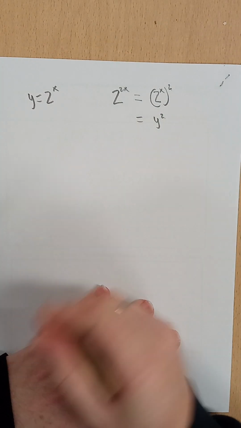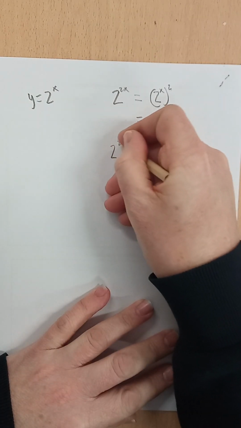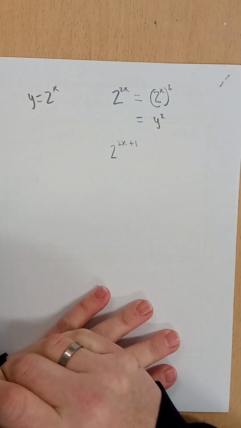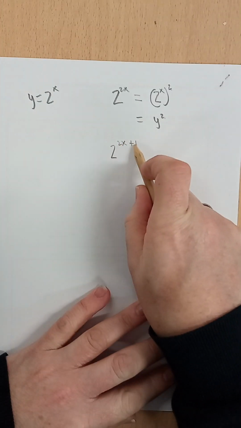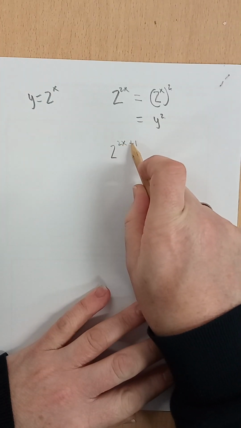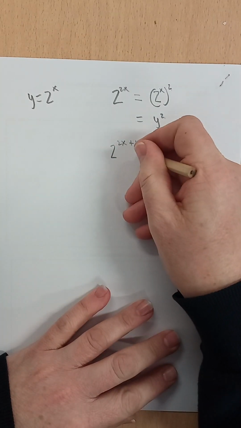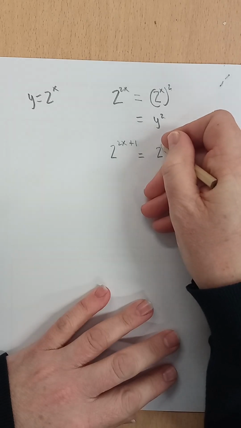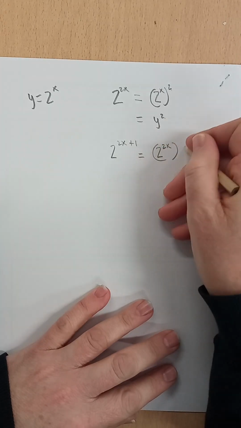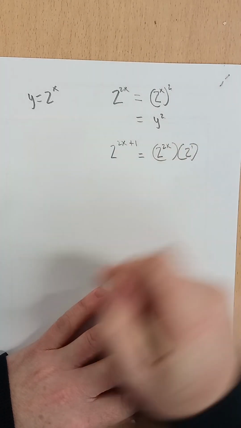Now, I'll try it again, but this time I'll do 2 to the power of 2x plus 1. Again, the first rule I see here is there's a plus. So I must have used the plus rule to get those two indices stuck together. So that used to be 2 to the power of 2x multiplied by 2 to the power of 1.